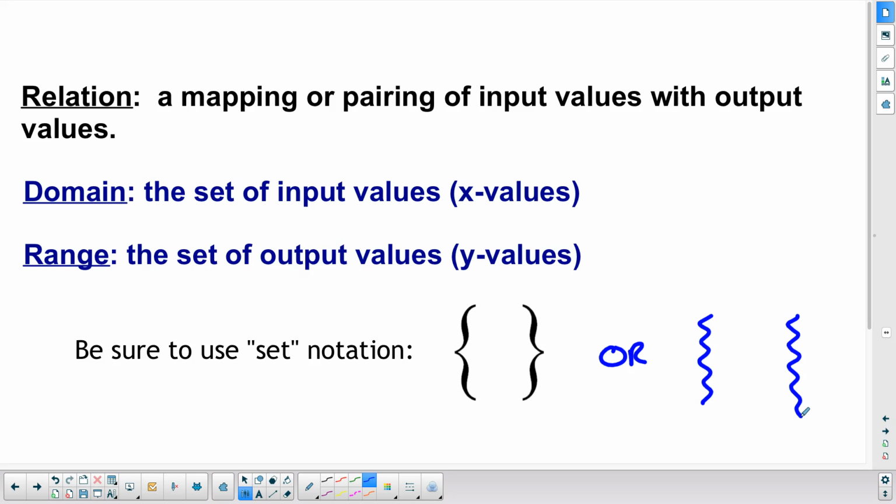Just make sure you put a bunch of squiggles in there so that it doesn't look like a number in particular. I am okay with either one. If you can draw those things, hey, you're gold. You're aces in my book. But if you can't, make sure you're drawing the squiggle.